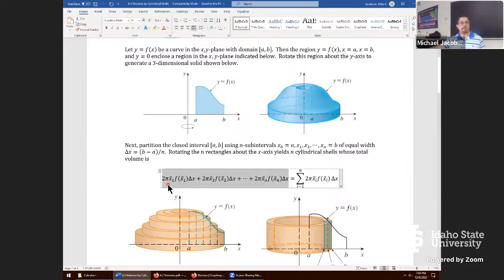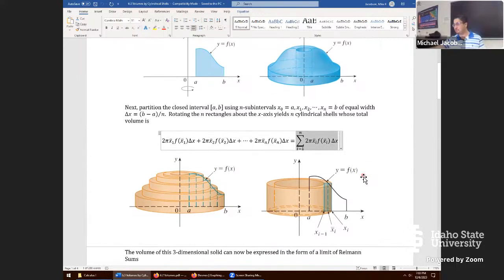And that's not terrible, except if you want to get an accurate estimation on volume, you need more and more of these approximating rectangles. This is 5 of them. You need more like 500, depending on how accurate you want your answer to be. Now, if you want the dead-on exact volume, this Riemann sum is not good enough. We have to take the limit of the Riemann sum.